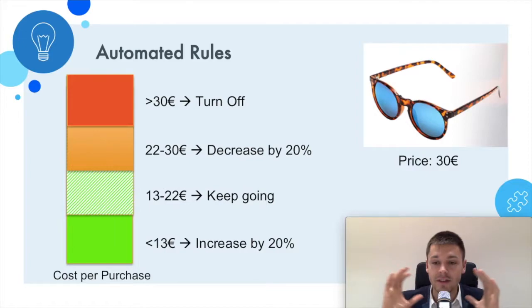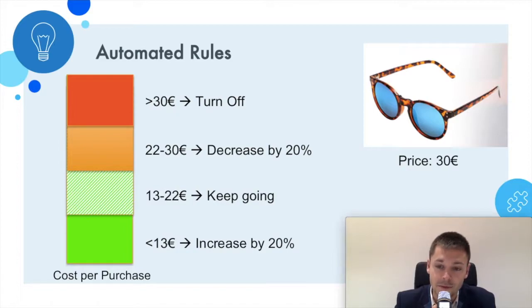I divide the amount spent by the number of purchases, and this would be 50. That's how you calculate the cost per acquisition or cost per purchase, which is a synonym, the same thing.